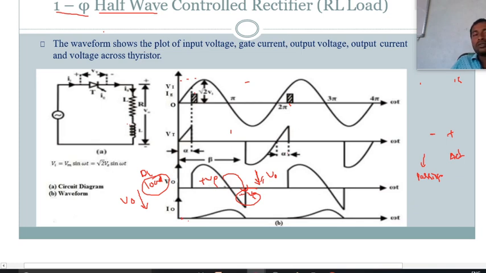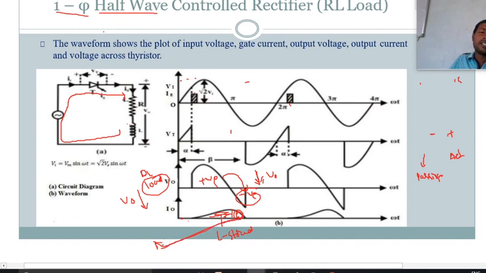Also look at this: the inductor current is continuously flowing in this path. The inductor stores energy in this area and releases it in this area.